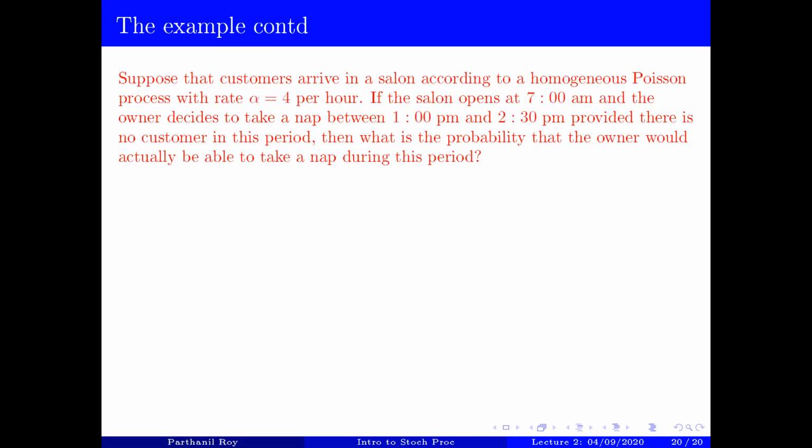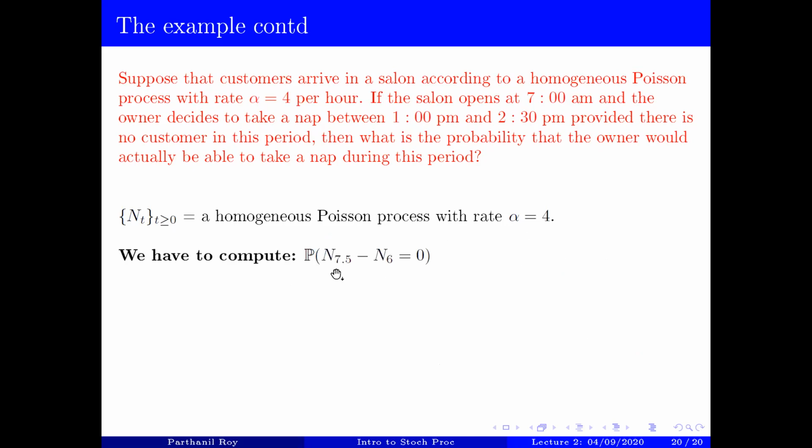So we have just converted this into a problem of Poisson processes. We start with a Poisson process whose rate is alpha equal to 4, and we just have to compute the probability that N(7.5) minus N(6) is equal to 0, which says that no customer arrives in the period 6 to 7.5.